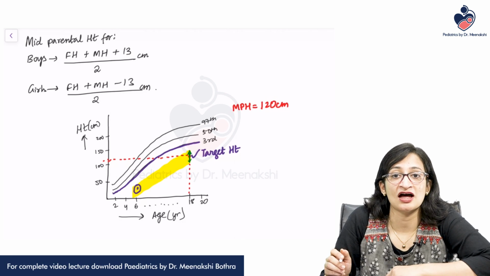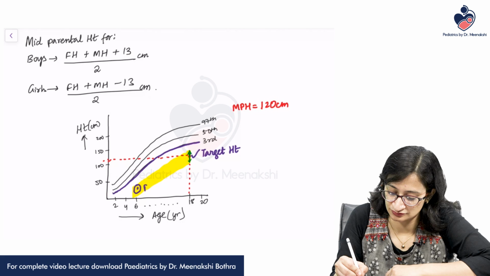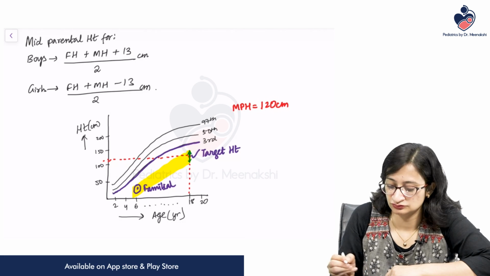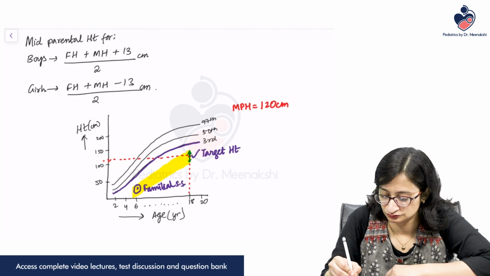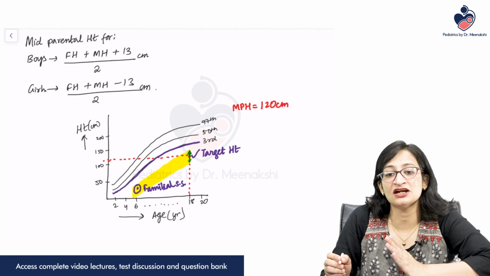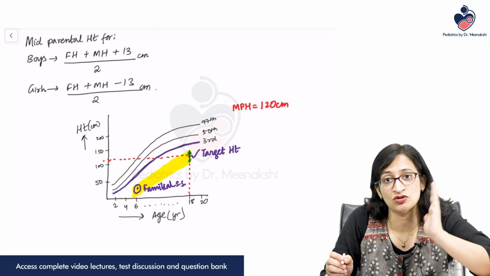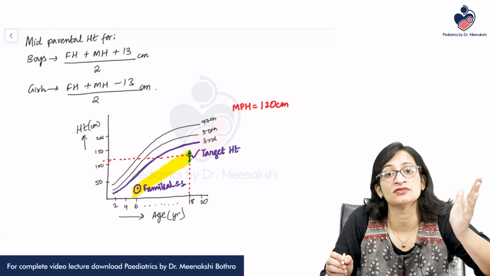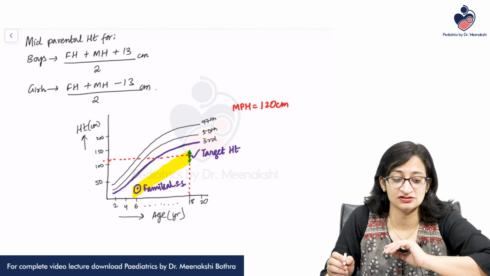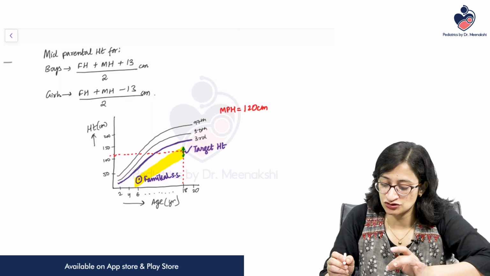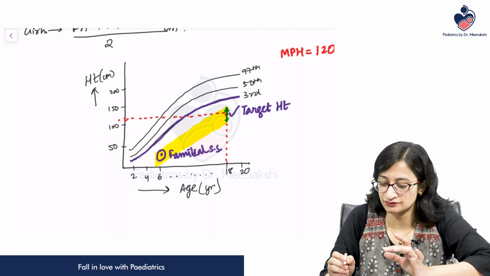Then this child has familial short stature. Okay, familial short stature. So, child's height you can see is less than what is expected according to his age and sex, but it is normal as per his target height based on the height of his parents, right? So, that is familial short stature.